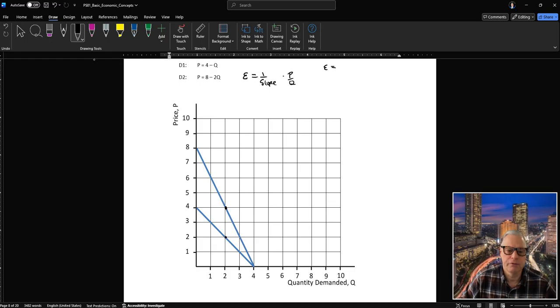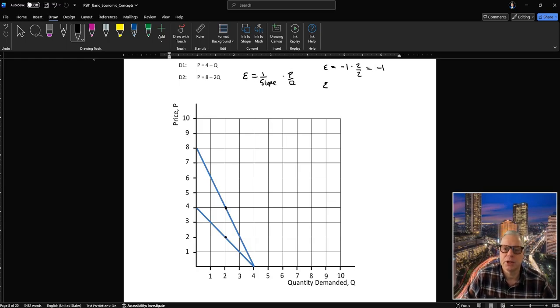So we do 1 over negative 1, times 2 over 2, because here the price is 2, so that's negative 1. So here the point price elasticity of demand is unitary elastic, meaning that a 1% decrease in price corresponds to a 1% increase in quantity demanded.